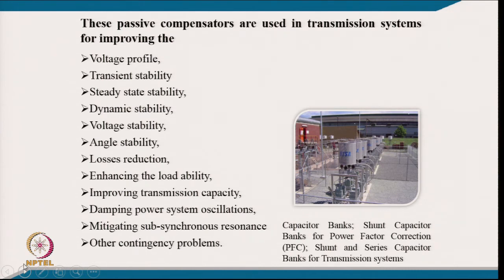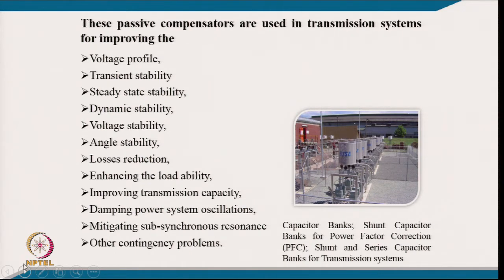These passive compensators are used in transmission systems for improving performance: they improve the voltage profile, transient stability, steady state stability, dynamic stability, voltage stability, and angular stability, and reduce losses by providing reactive power compensation, enhancing load ability and improving the transmission capacity of the network, damping power system oscillations, and mitigating subsynchronous resonance and other contingency problems.